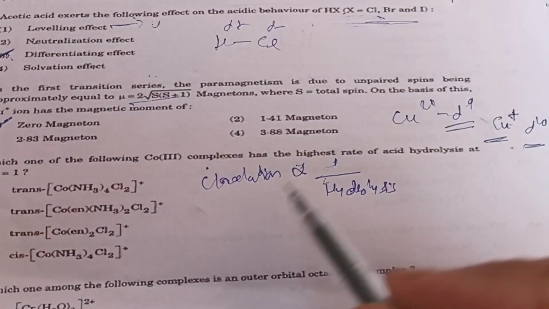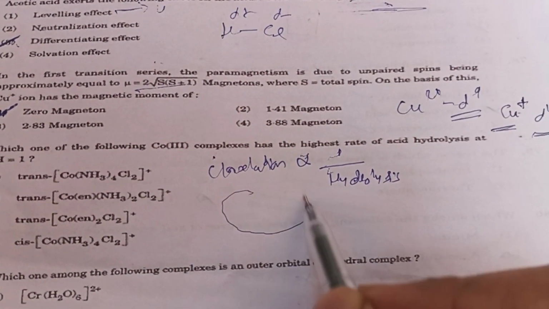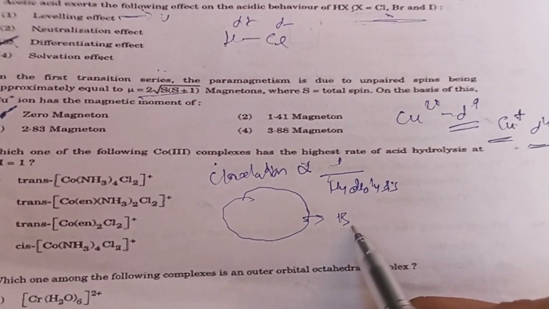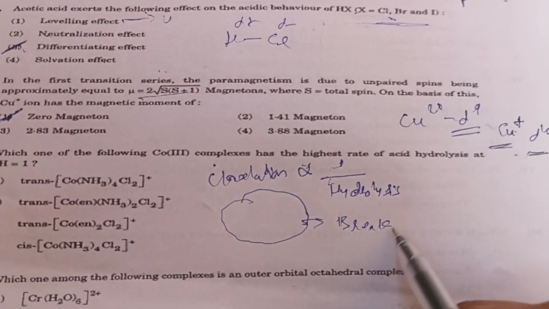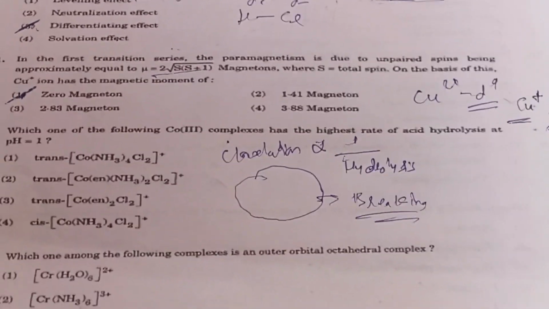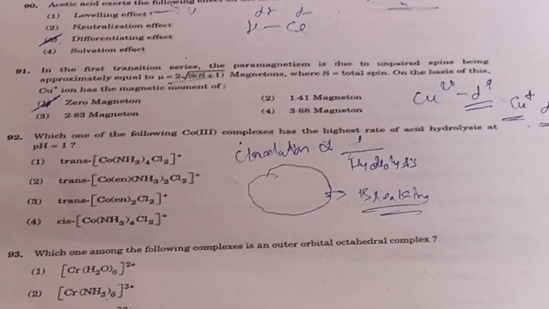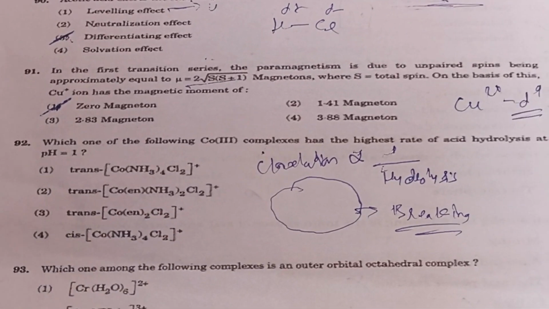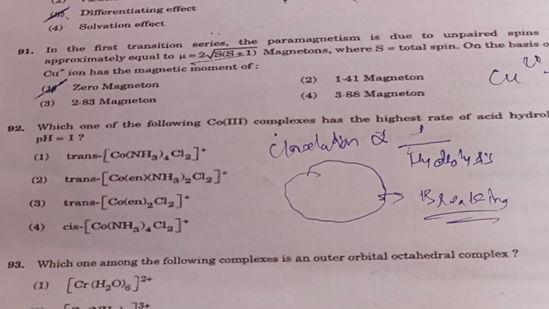Because if the chelate molecule is larger, then its hydrolysis, since it is a breakdown, will be difficult. Here en will be the chelate molecule.